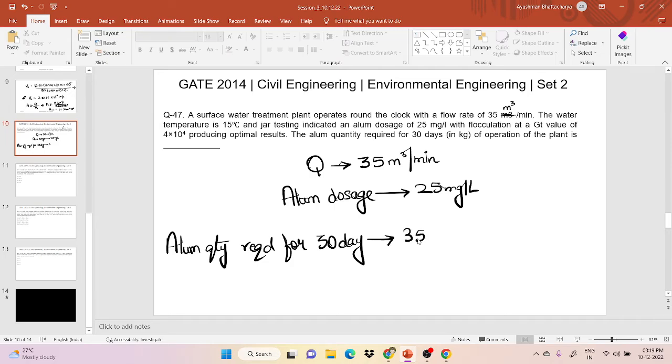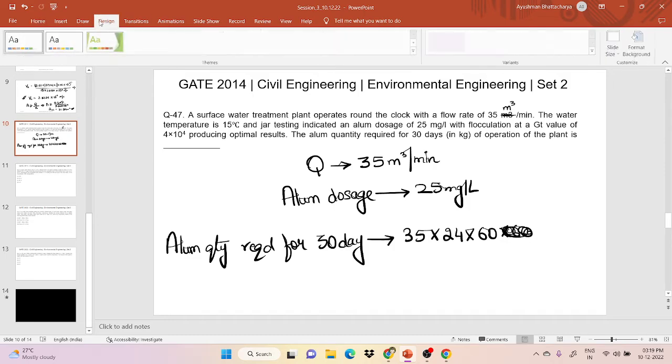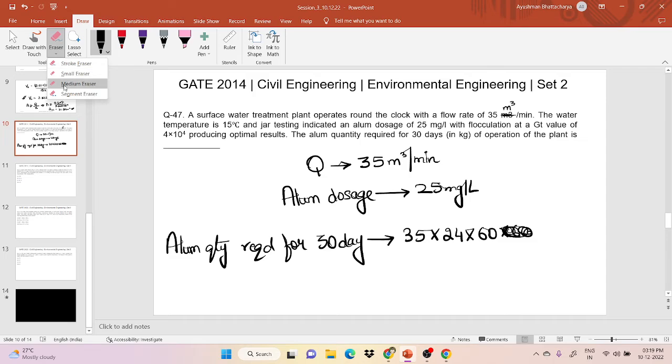So 35 into 24 into 60 minutes. Okay. So first of all, we have calculated in terms of meter cube per day.